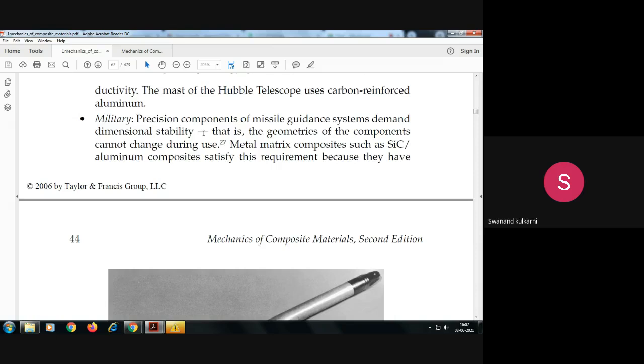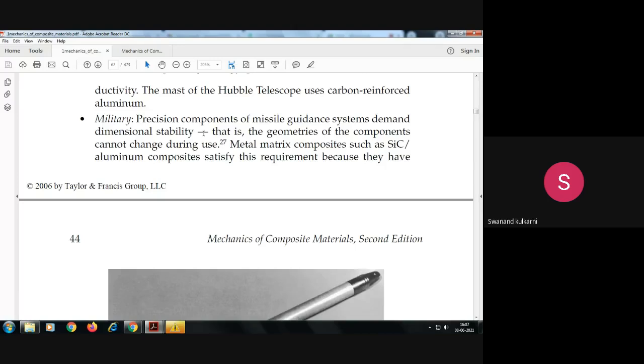In that case, a metal matrix composite like silicon carbide aluminum, where silicon carbide is added inside the aluminum, satisfies the requirement of dimensional stability. The geometry of the components cannot change.